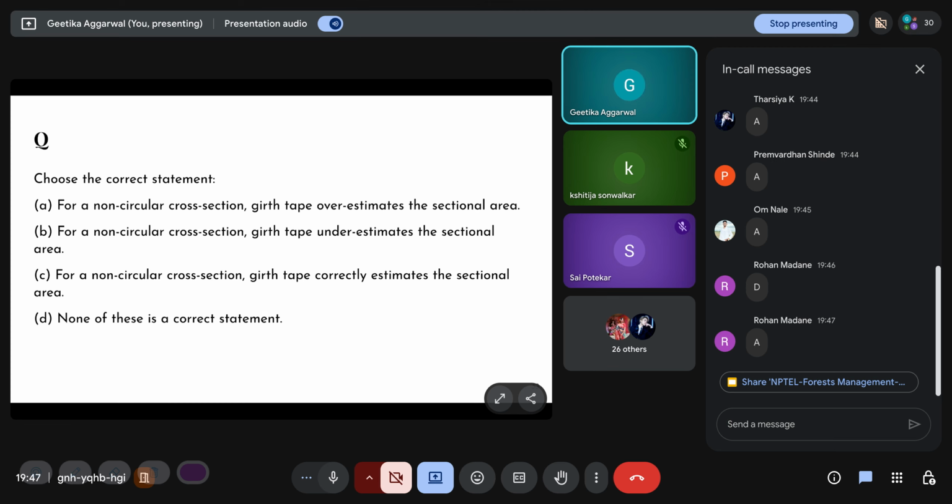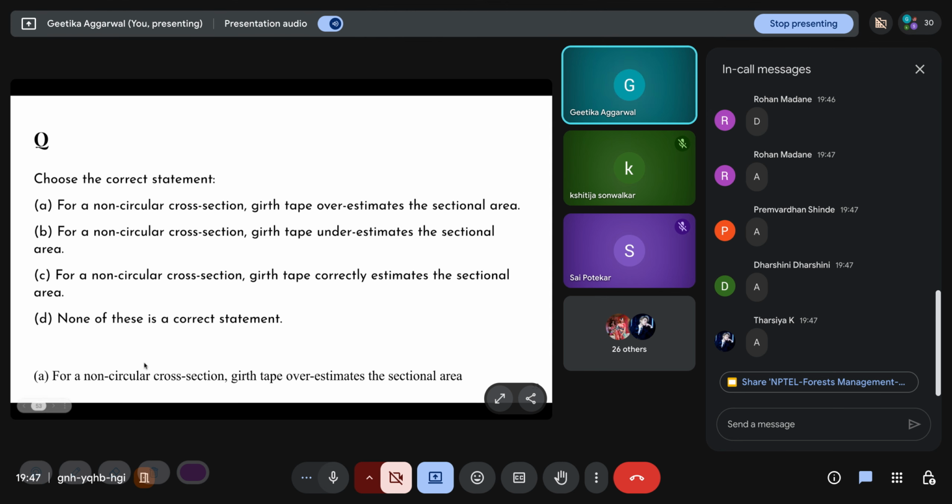Somebody is saying A, it overestimates the sectional area. Okay, everybody is saying A. Yeah, the correct answer is for a non-circular cross section, the girth tape will overestimate the sectional area.